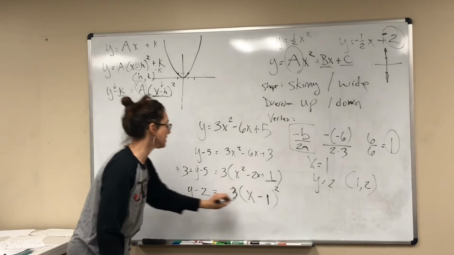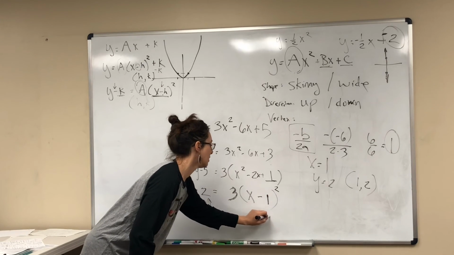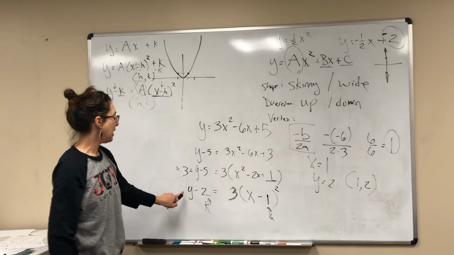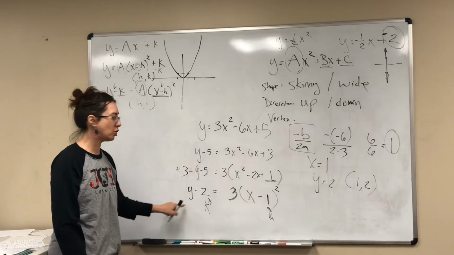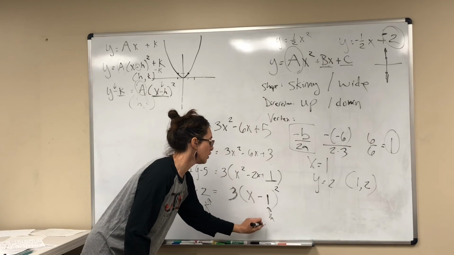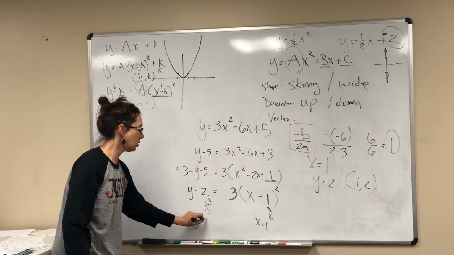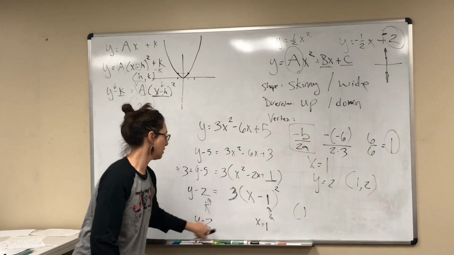Vertex form says that my k value and my h value are given to me. They're both negative, right? Or I'm basically solving each one for 0. So x minus 1 equals 0, so x equals 1. Y minus 2 equals 0, so y equals 2. My vertex is 1, 2.